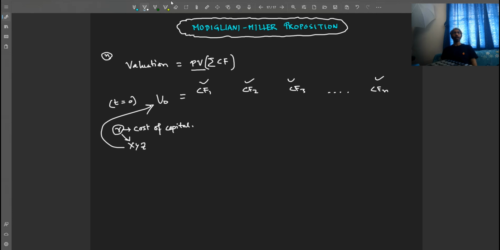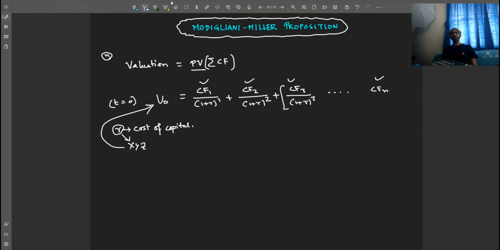So CF1 discounted to present value will be CF1 divided by (1 plus R) to the power 1. CF2 divided by (1 plus R) to the power 2, plus CF3 divided by (1 plus R) to the power 3.